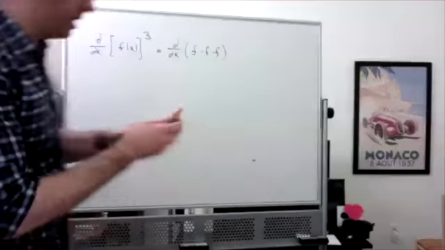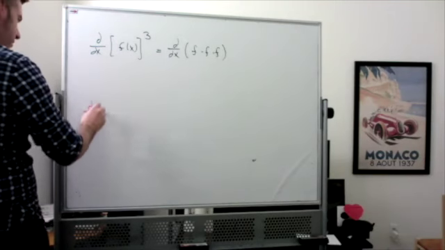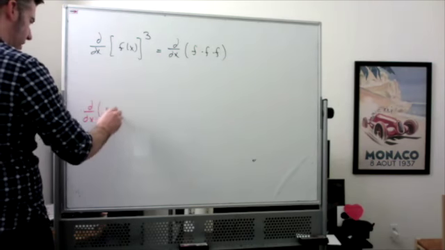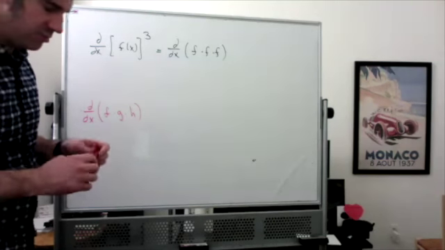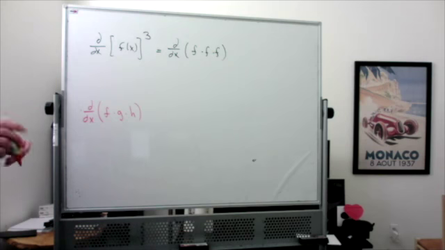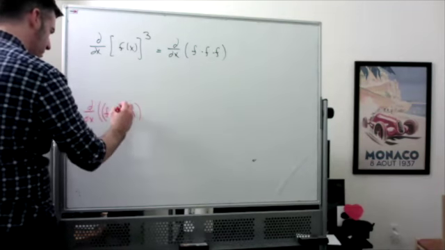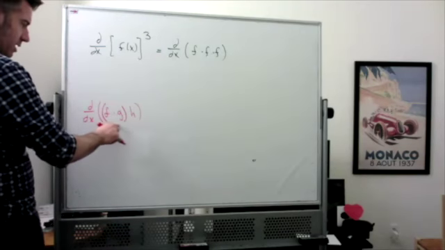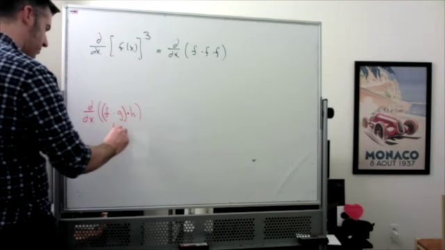So there is a triple product rule. What's the derivative of f of x times g of x times h of x? I'm not going to write the of x's because it gets a little messy. So let's think of f times g as this thing, let's call it k.